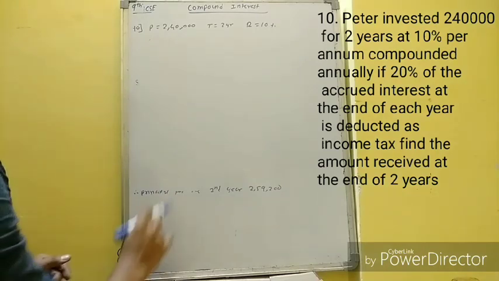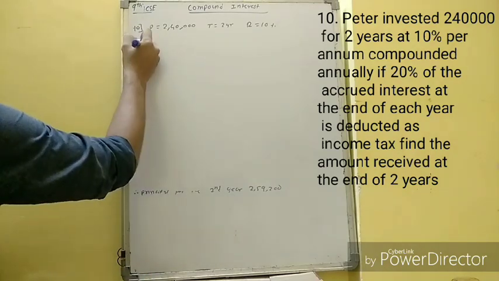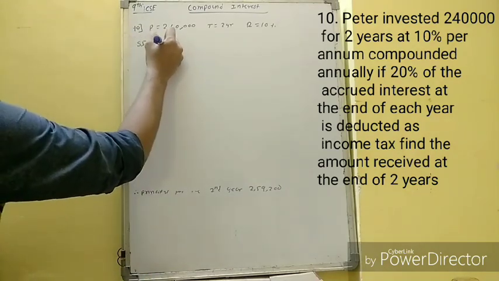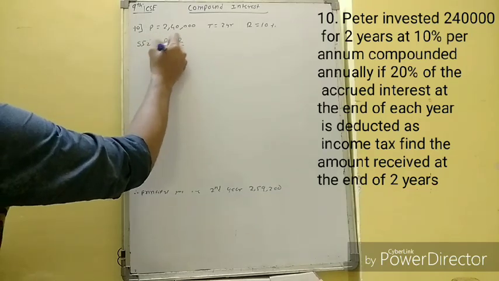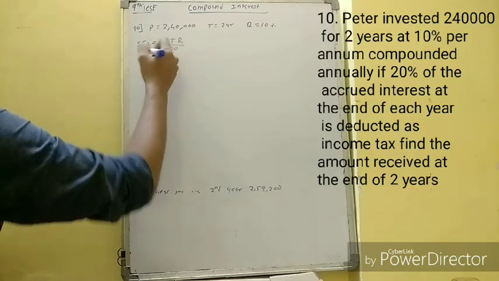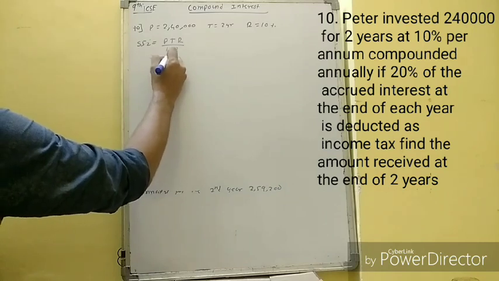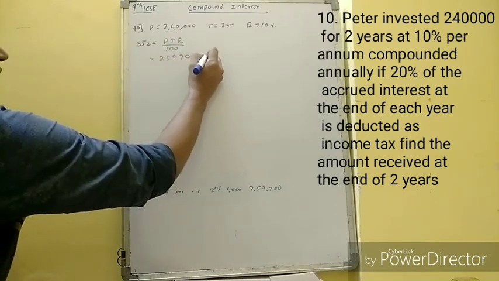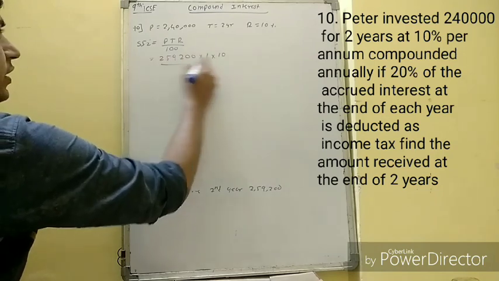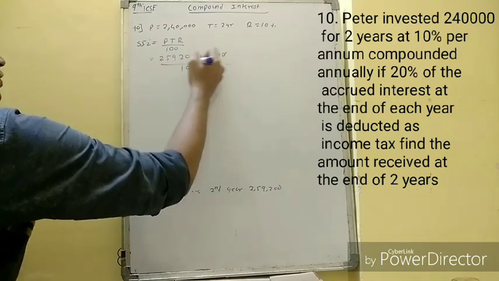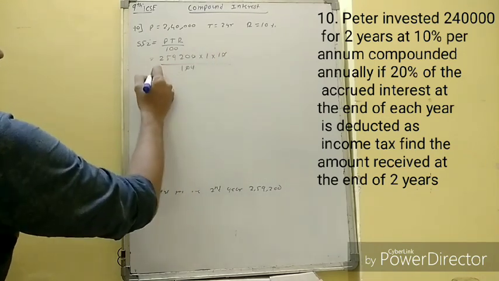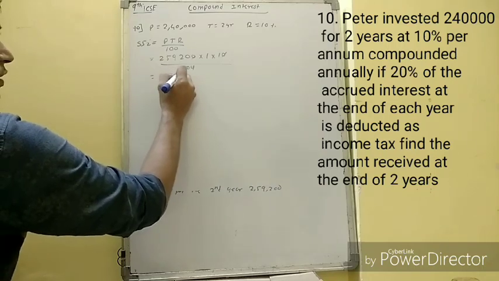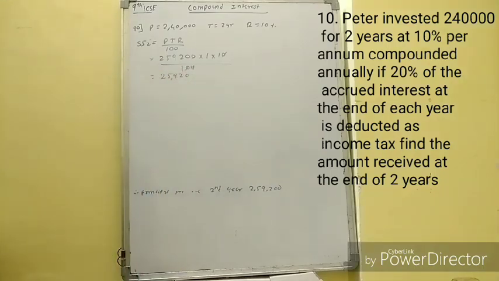Okay, so the simple interest for the second year is PTR upon 100. What is the principal now? 2,59,200, 1 year, rate 10 upon 100. So the zeros get cancelled. 25,920.